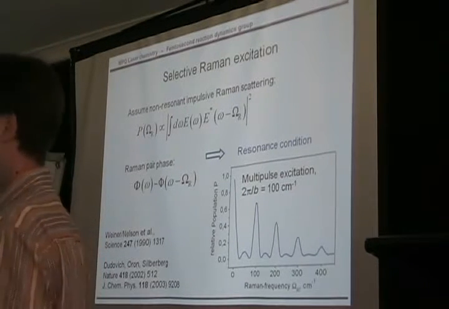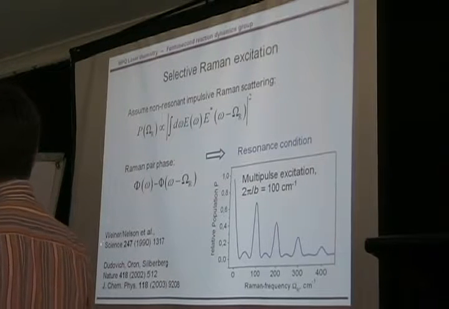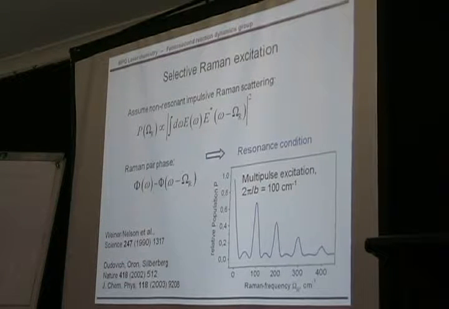There is an alternative view which is maybe more intuitive, especially by Weiner. What does a multipulse do? You hit the system once, you wait some time, then you hit it again, you wait again some time, you hit it again. It's like having a kid on a swing. You just have to be resonant with the frequency of the system.